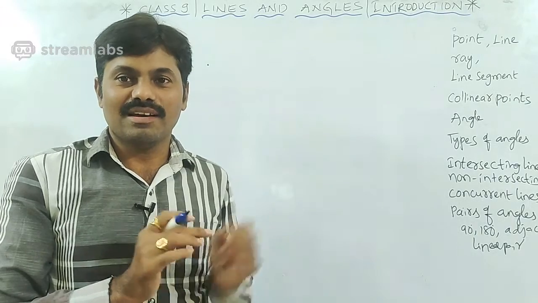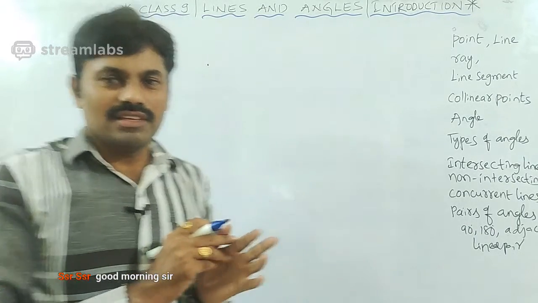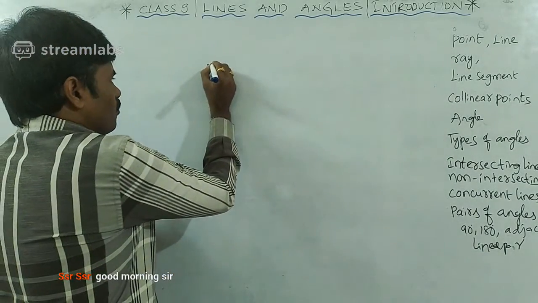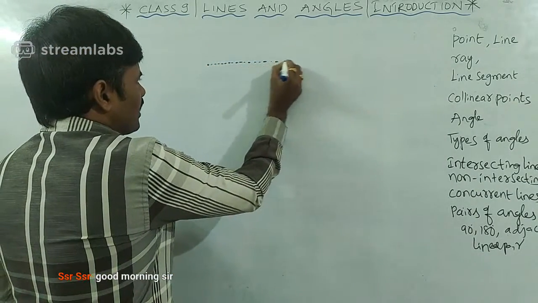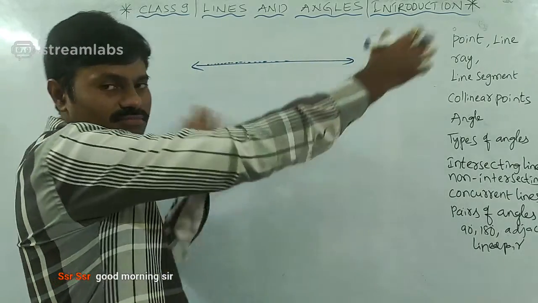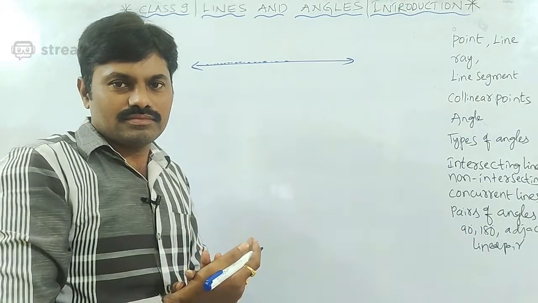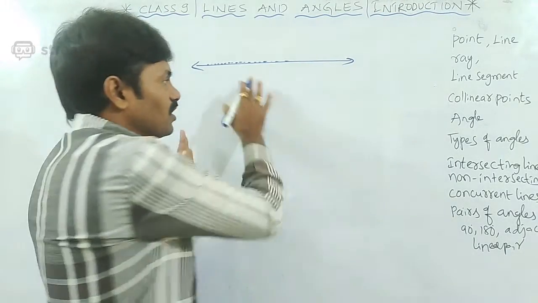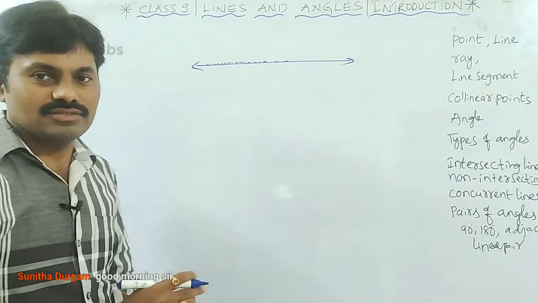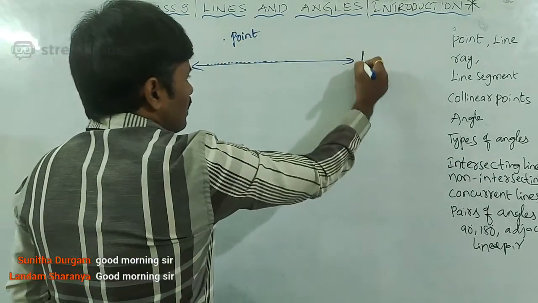If you take more points like this and join them endlessly on either side, if you join an infinite number of points, then it becomes a line.